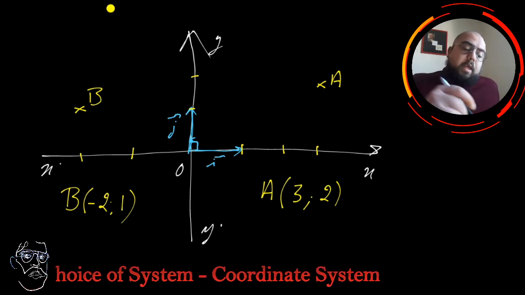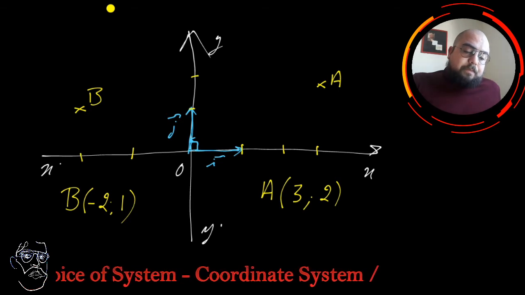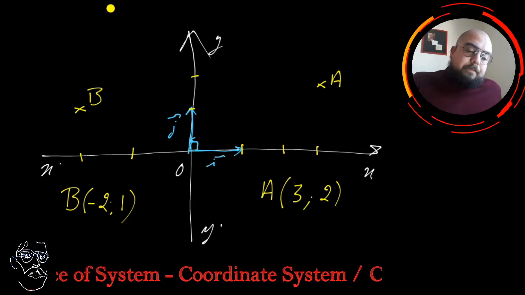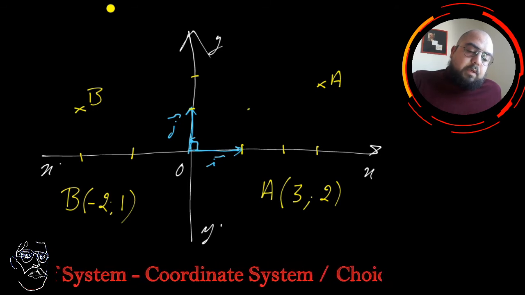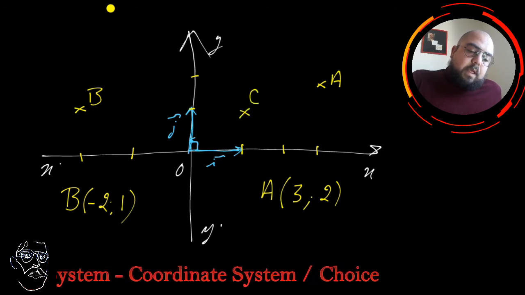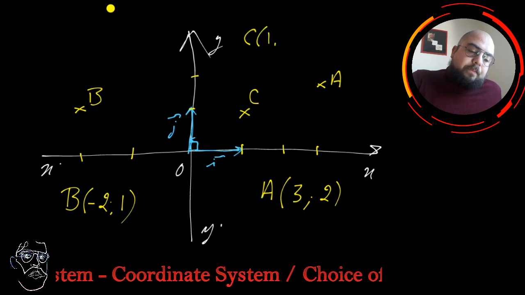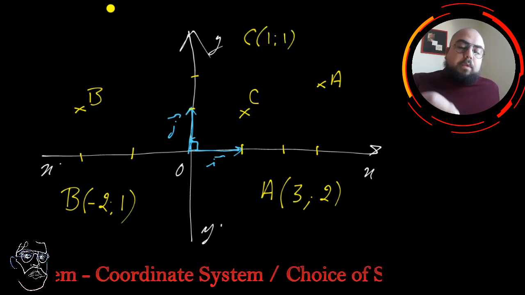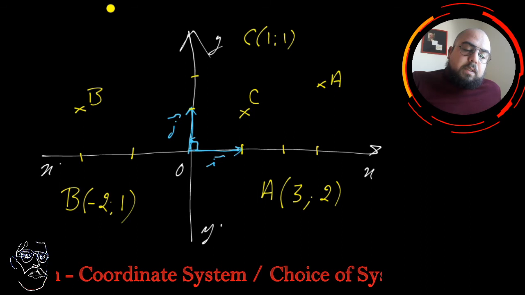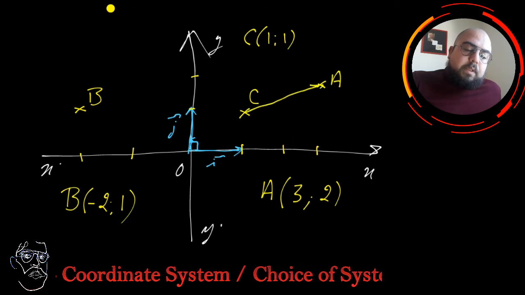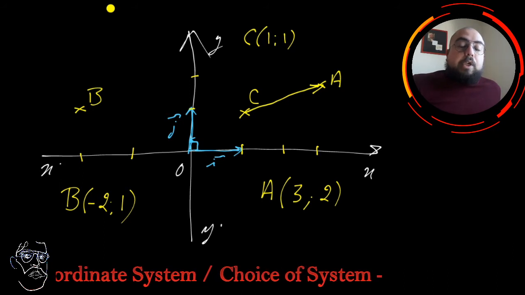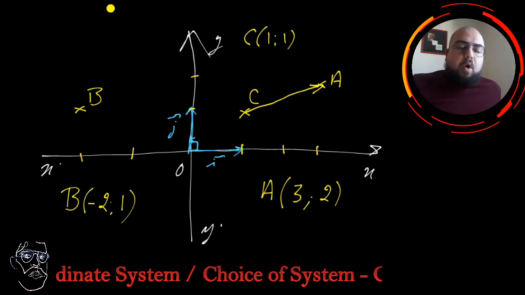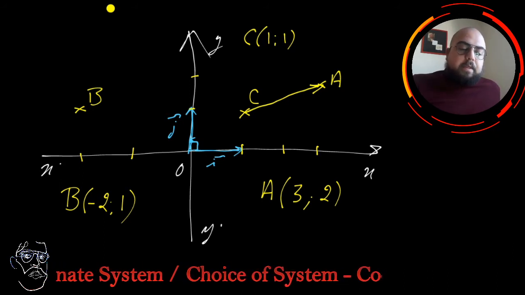Similarly, we can talk about a certain vector. Let's say we have the point C, which is here. C has the coordinates 1, 1. Now what about the vector CA? Let's say I'm interested in writing the components, or the coordinates, of the vector CA.